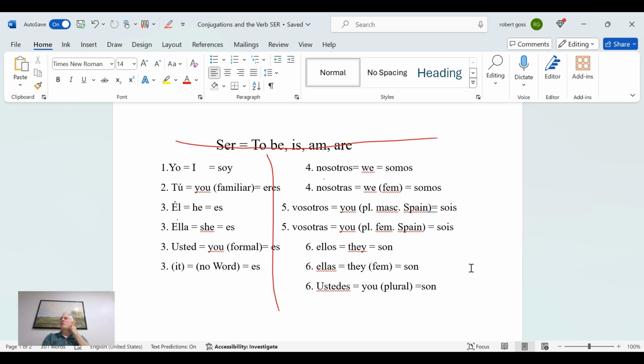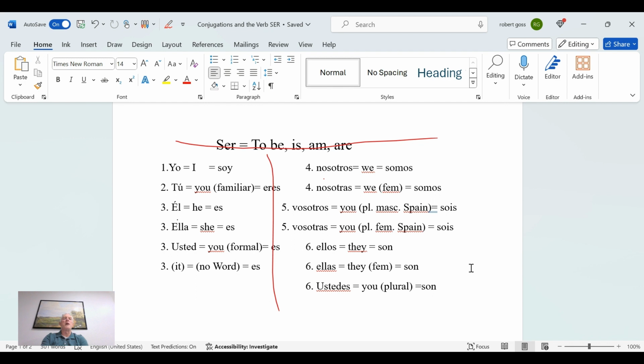Now, something we do in Spanish that we don't do in English is, in English, we always use the pronoun: I am, you are, he is, she is, we are, they are. We always put the pronoun in front of it. But in Spanish, we really don't need to, because if I said soy, well, there's no other word that would go with soy.